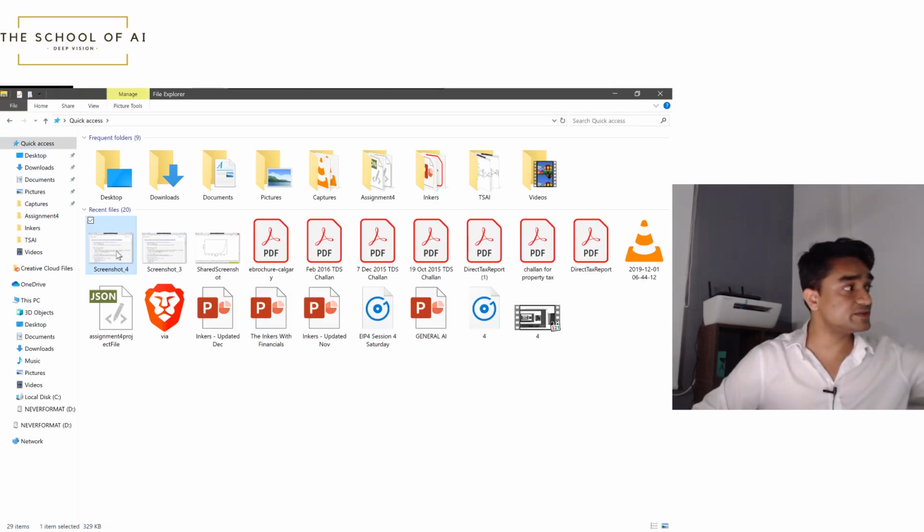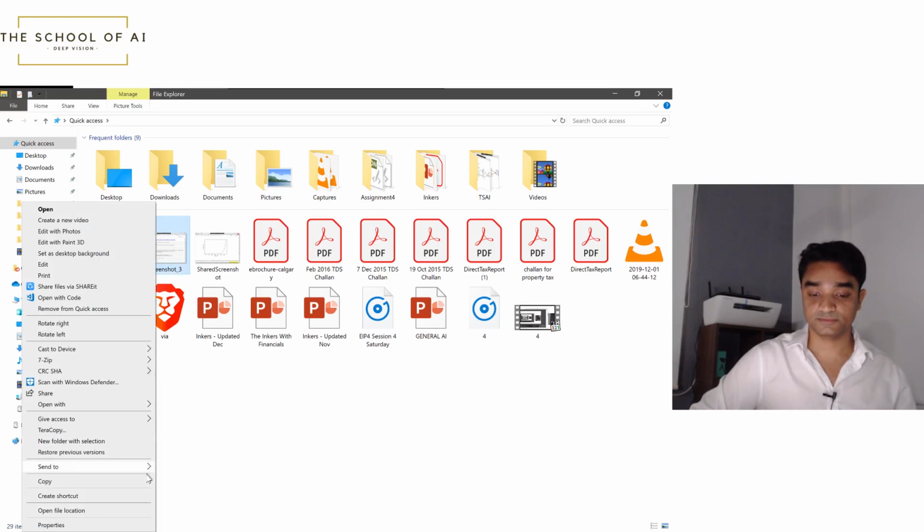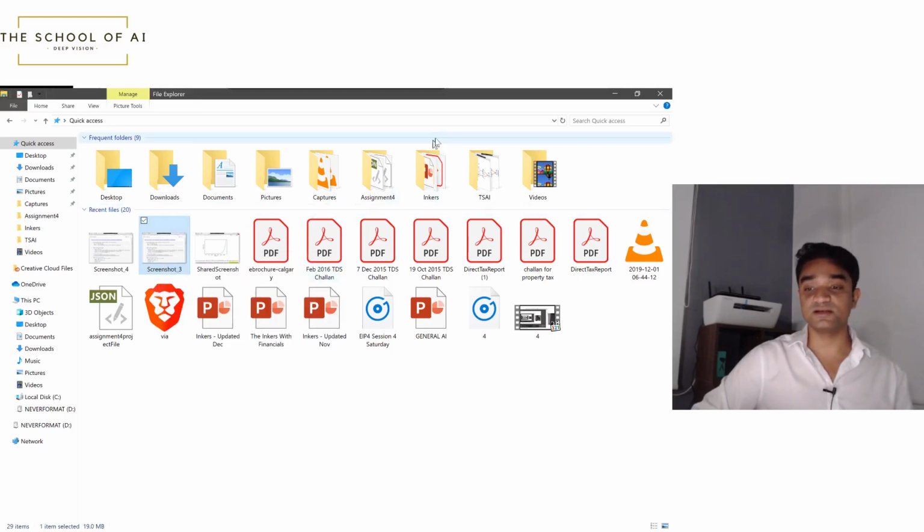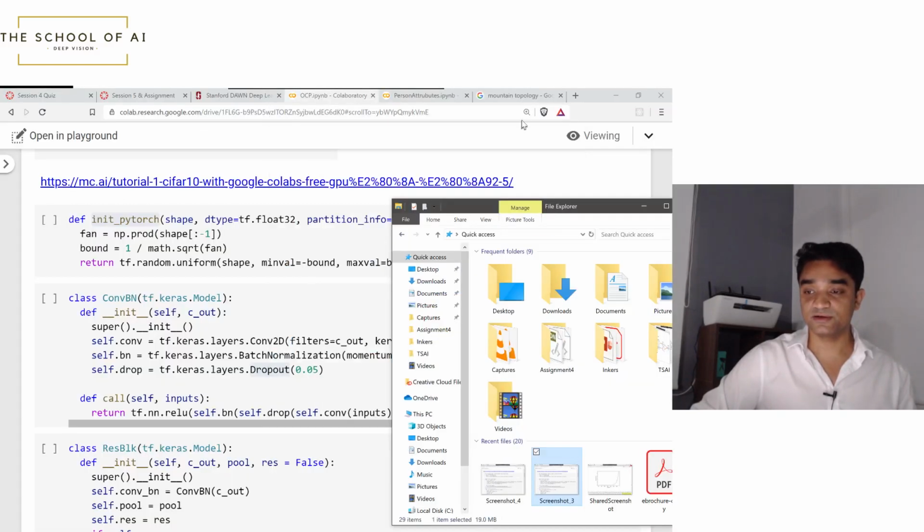The PNG image is 329 KB. Windows is not really a good operating system for saving these screenshots. It already expands a lot. Bitmap is 19 MB. Right? Bitmap takes a lot of space because every pixel is stored as is. It's not compressed.